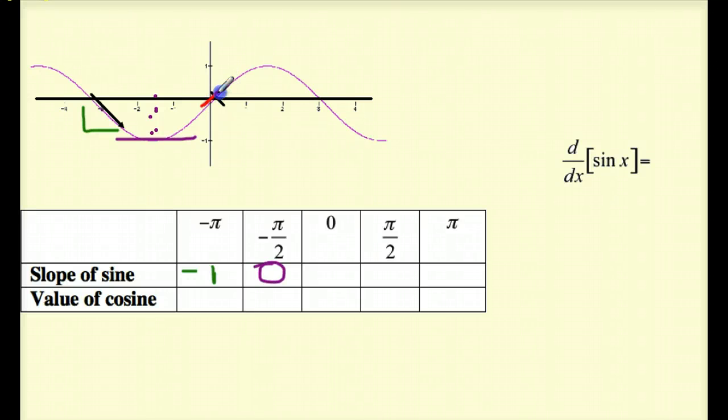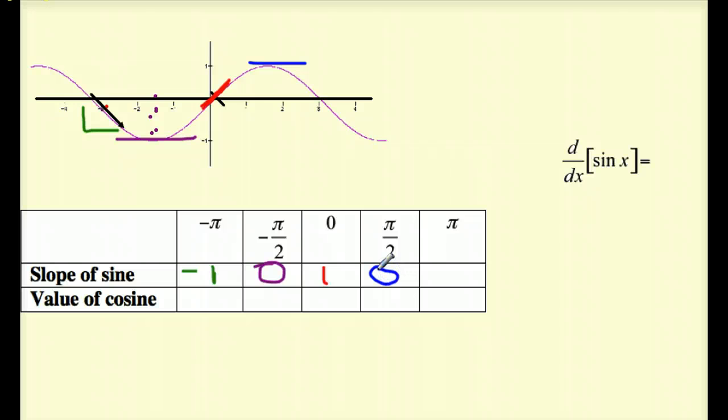So I'm going to continue, and let's take a look at the slope at 0. So the slope here at 0 looks very similar to this slope, except instead of going downwards, I'm going upwards, which means I have a slope of 1. If you see the pattern here, that happens to the slope at pi over 2. The slope of the sine curve is a horizontal line, which gives me a slope of 0.